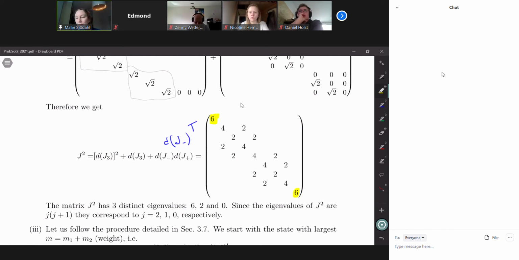And then to find the other eigenvalues, it takes some computations, but it turns out that the eigenvalues are 6, 2, and 0. So this then, of course, corresponds to the total spin being 0, to the total spin being 1, and to the total spin being 2.